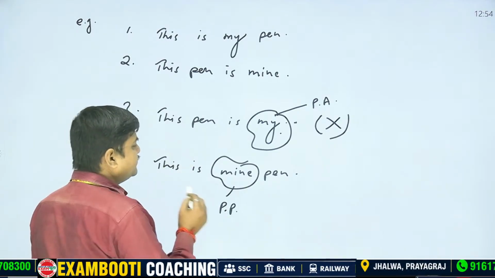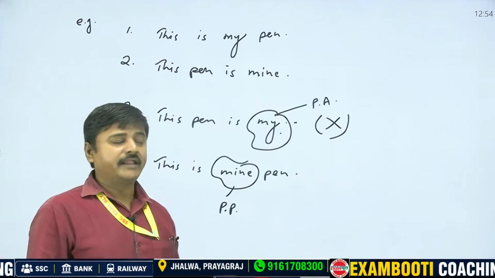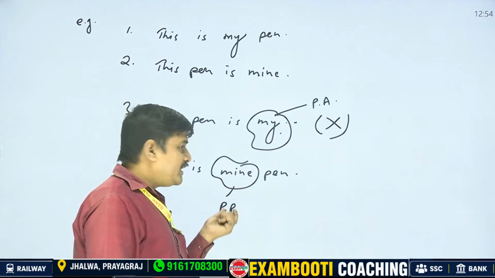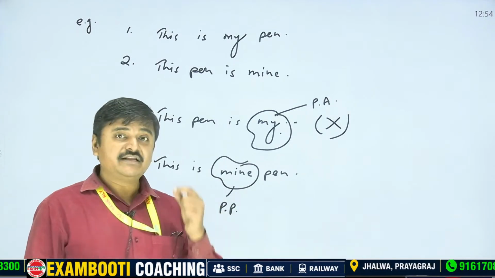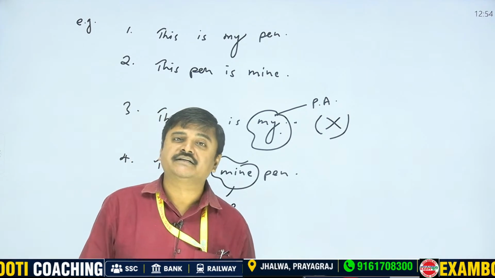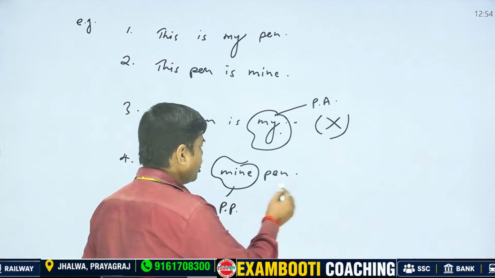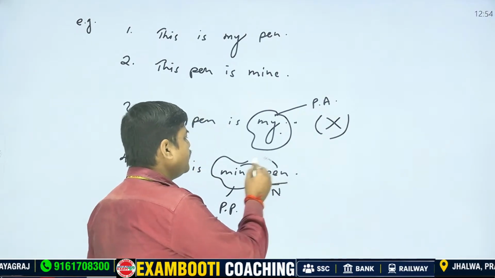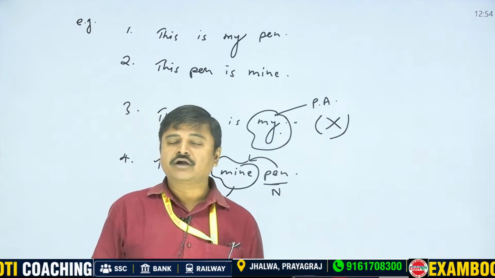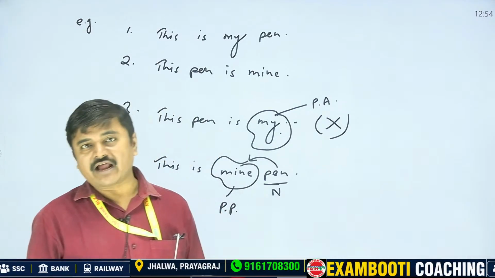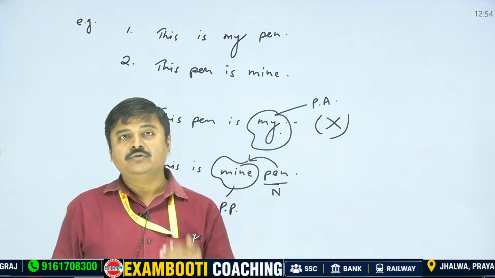And now in this sentence, this is mine pen. This mine is actually PP. And if there is a PP, you cannot use it before a noun, because pen is a noun. PP does not take a noun. You cannot write a pronoun before a noun.